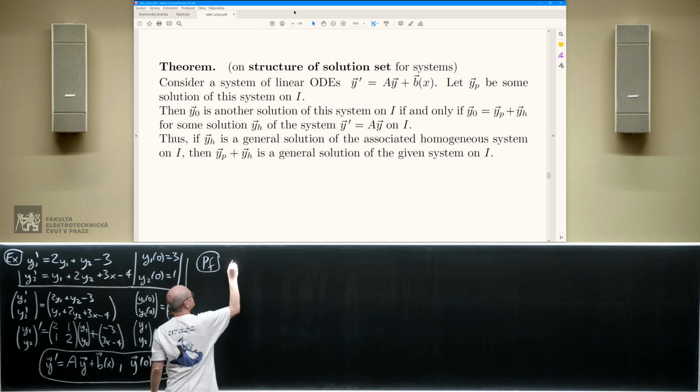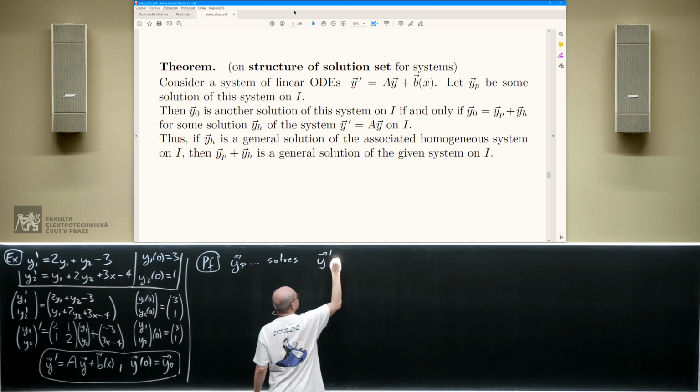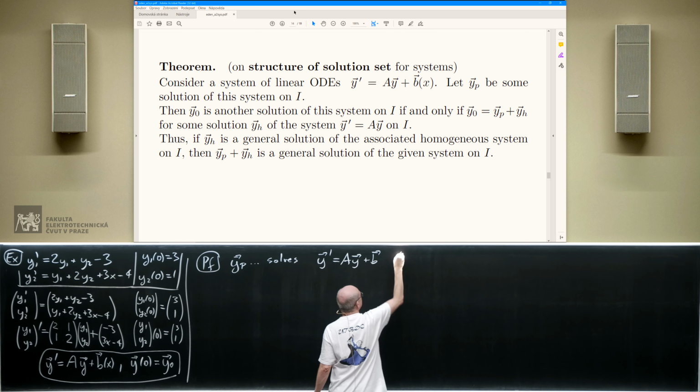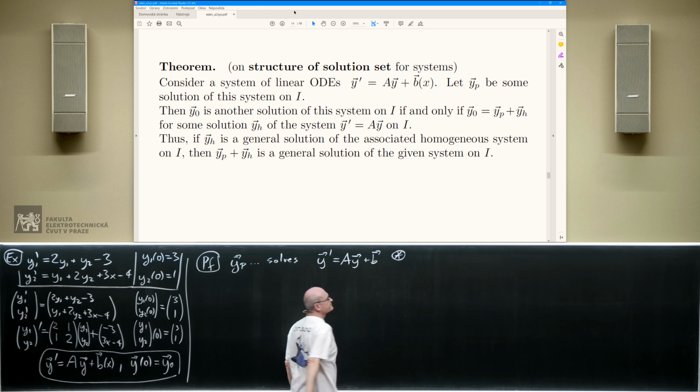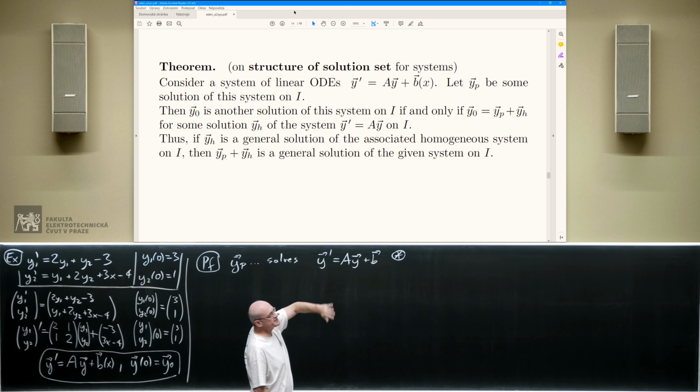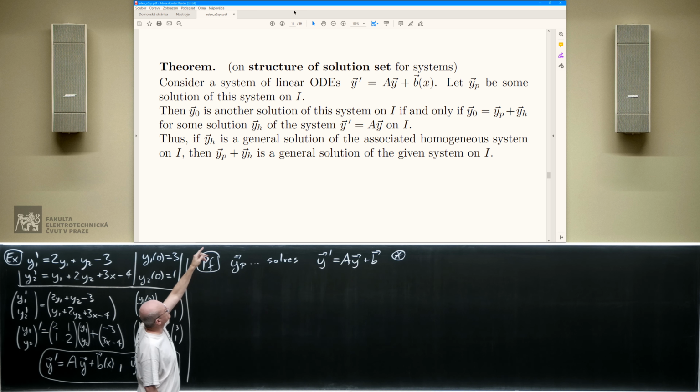And this guy solves the equation y derivative is Ay plus b. And let's call it star. There are two statements, in fact, and I explained it before, so let me just go through it briefly. If and only if means it's an equivalence. Let me start with the direction that goes backwards.